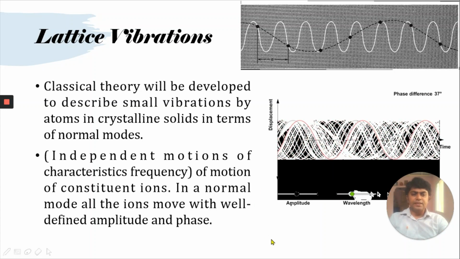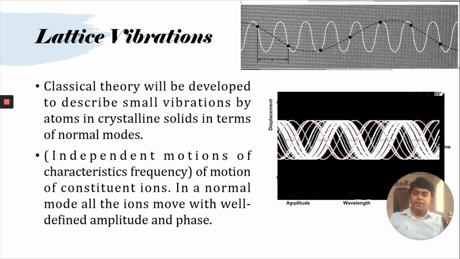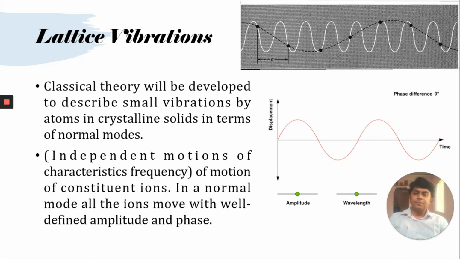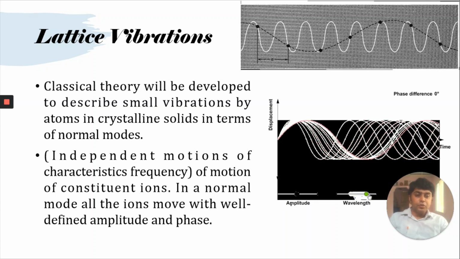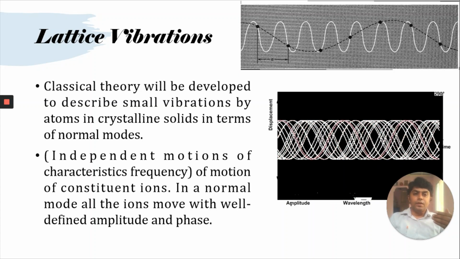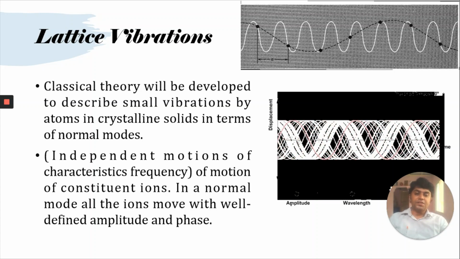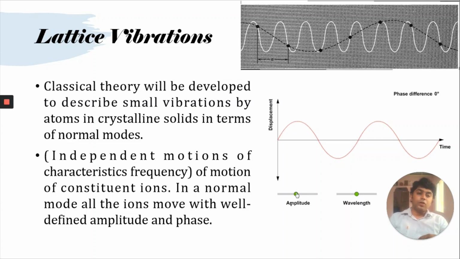So here is the lattice vibration part, where a classical theory is developed to understand the small vibration of an atom in a crystalline solid with respect to normal modes. Modes are considered, but how are the modes varied? How are the independent motions changed, and what happens when amplitude, wavelength and phase are varied?